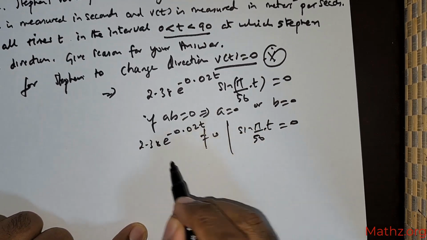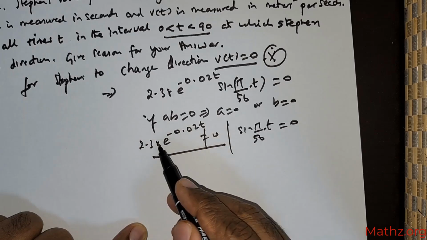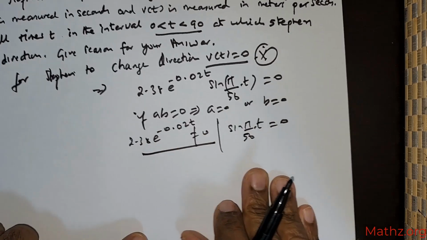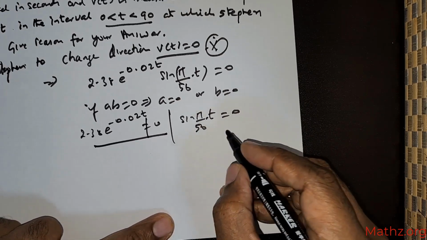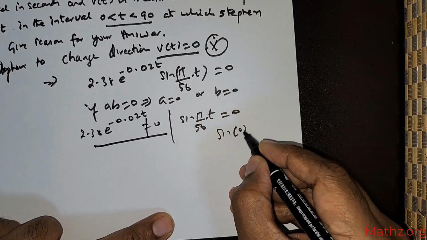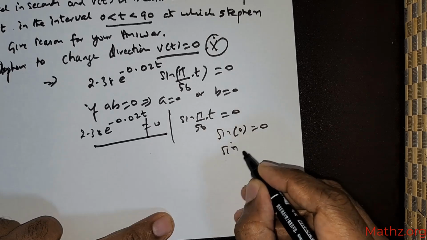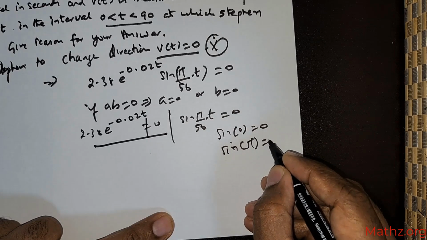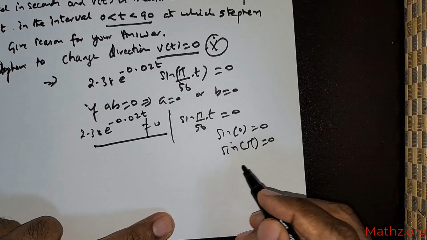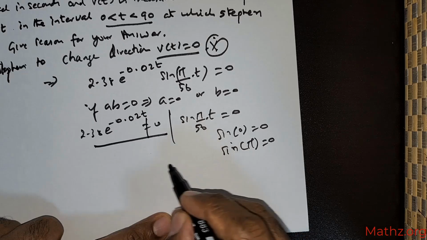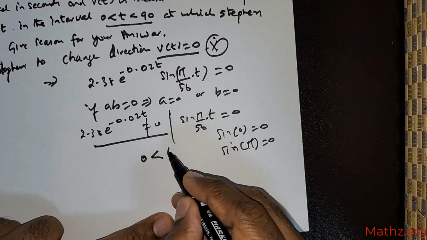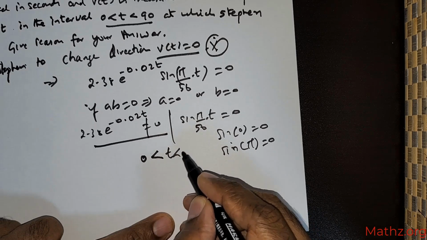Now this cannot be equal to 0 because we got an exponential quantity here, but this can be equal to 0. Now we know that sine of 0 is equal to 0, sine of pi is equal to 0, right? We don't have to go further because our requirement is between 0 less than t less than 90.